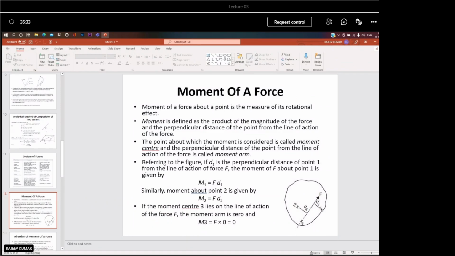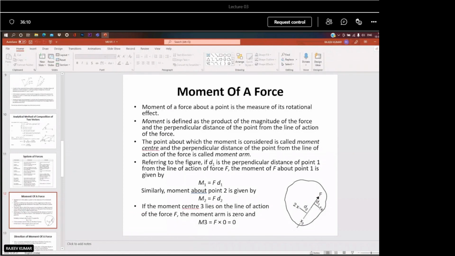So you calculate the moment about x3 of force F, and the moment about the point 2x of force F. And if you want to check the moment about any point 3, from that point you take the moment.